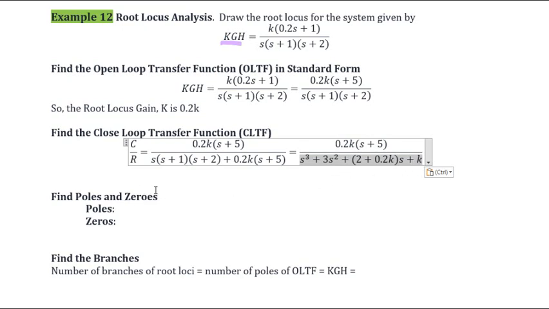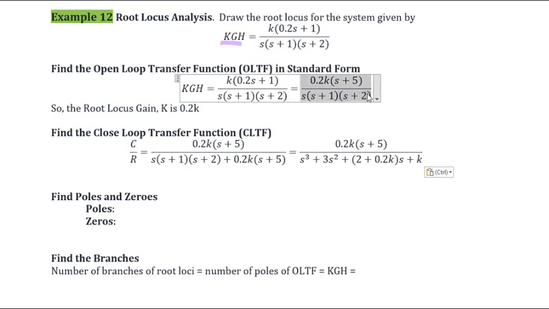So when we find the poles and zeros, we're really finding the initial poles and zeros when capital K is equal to 0.